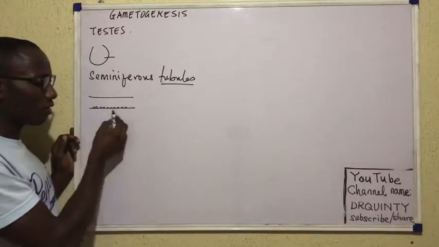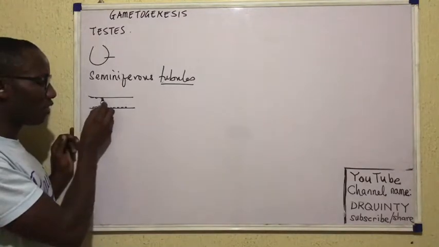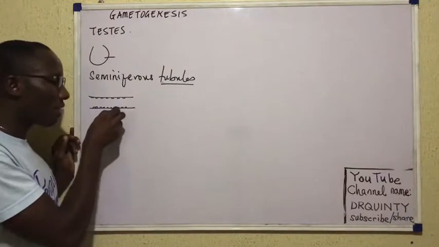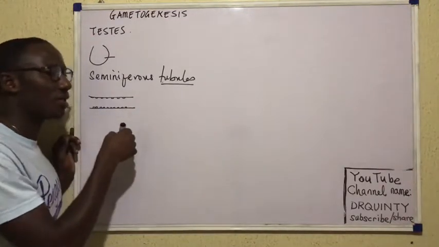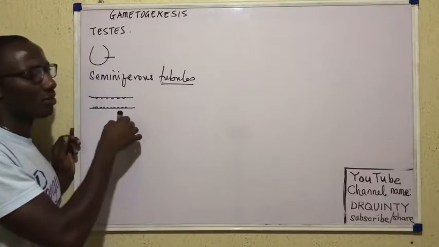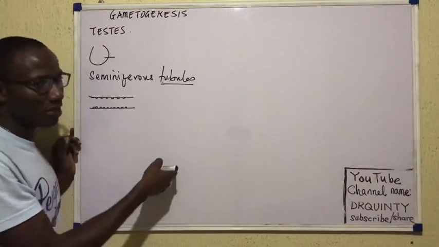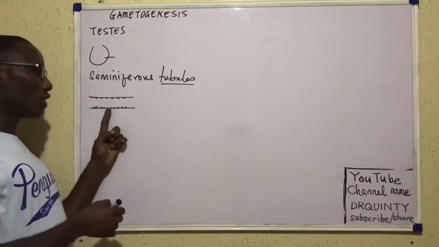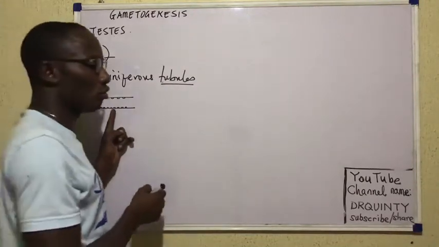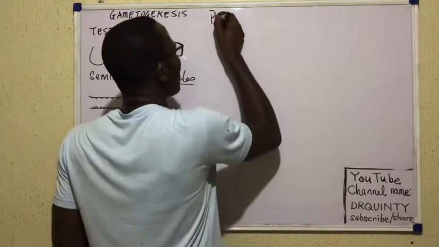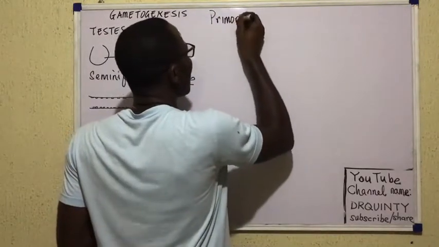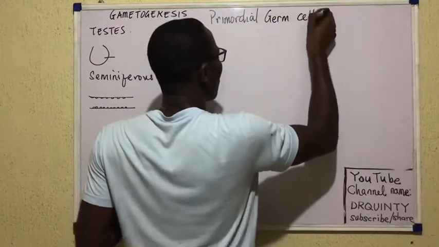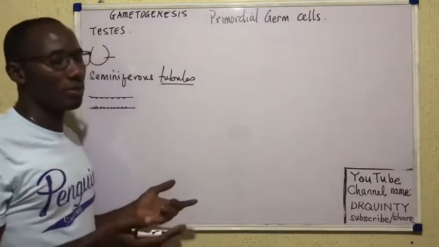So this seminiferous tubule has germinal epithelium, that is the lining on its inner surface, and that is where you have the cells that are like parent cells to the gametes, the sperm cells that are like daughters in meiosis. So on the walls of the seminiferous tubules, there are plenty of what we refer to as the primordial germ cells, or in some contexts we just call them germ cells.